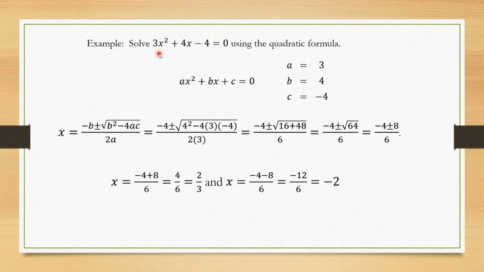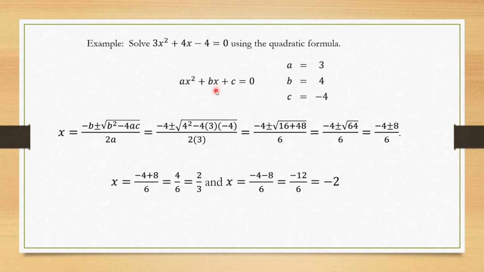So we have a is 3, b equals 4, and c is minus 4. Okay, so this is what we have here. Our a is always the leading coefficient, b is the coefficient of x, and c is the constant term. You have to include the minus sign like I did.